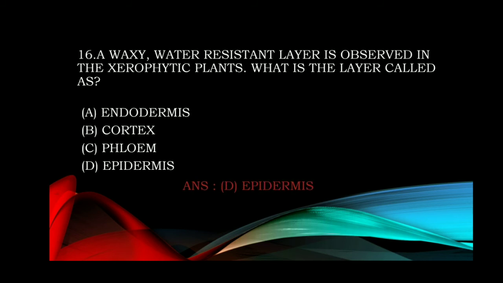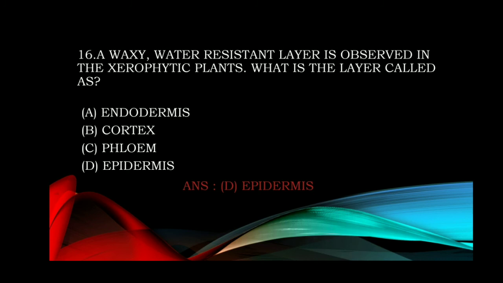Question number 16. A waxy water-resistant layer is observed in the xerophytic plants. What is the layer called as? Option A, endodermis, option B, cortex, option C, phloem and option D, epidermis. So we know that the outer layer of the plant tissues is the epidermis, right?